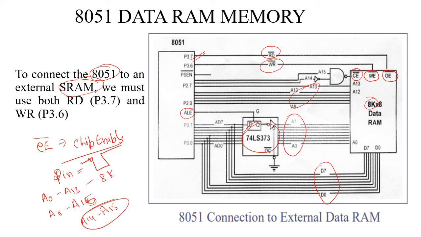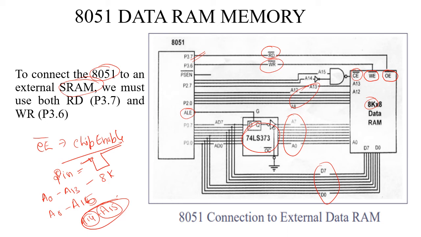Sometimes what happens is, if A14 and A15 take some values by default when you write or read, it will write to some other location.